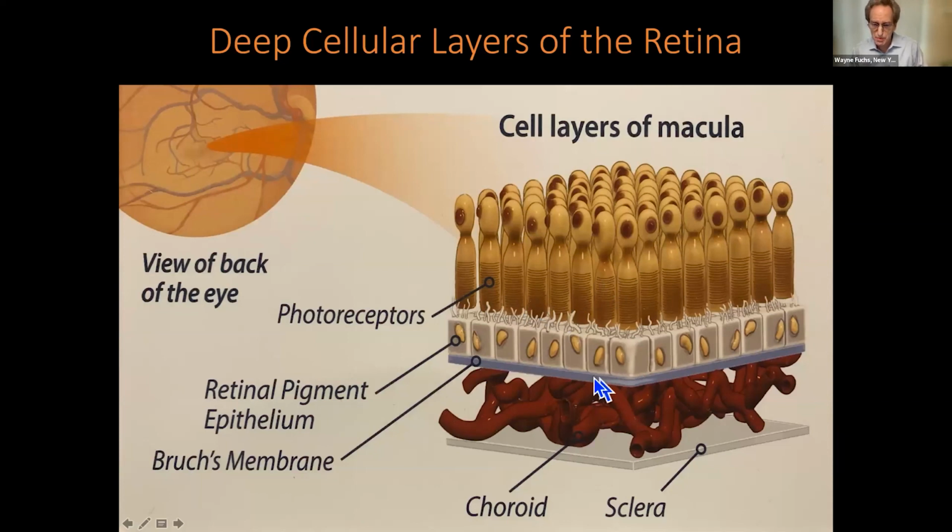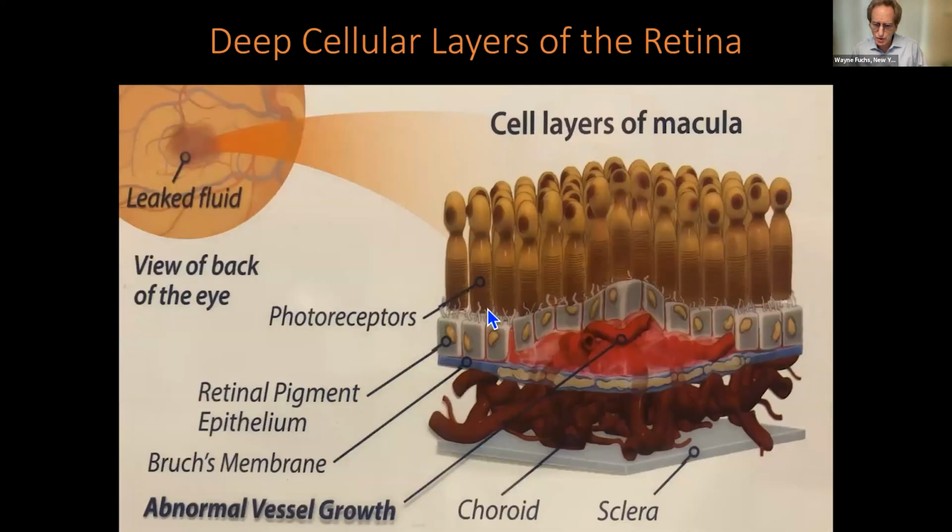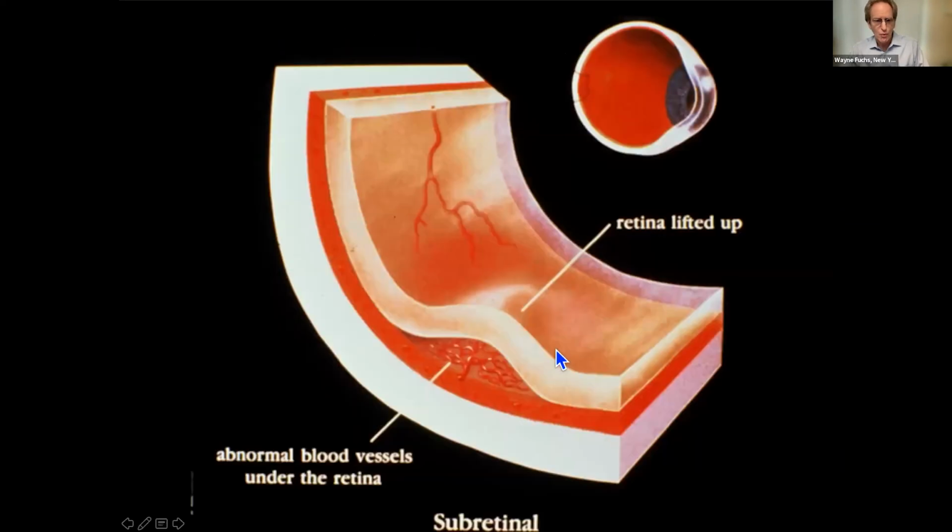Bruch's membrane may become calcified and fragile, and if choroidal blood vessels break through Bruch's membrane and grow under the retina, they lift up the tissue layers. When the retina is lifted up by these vessels, which also tend to leak fluid, the receptors are displaced and the image is interpreted as distorted by the brain.